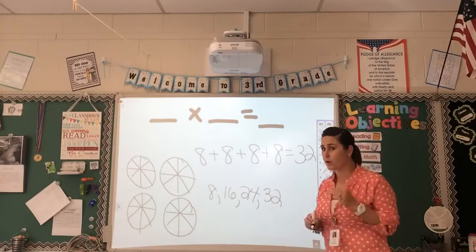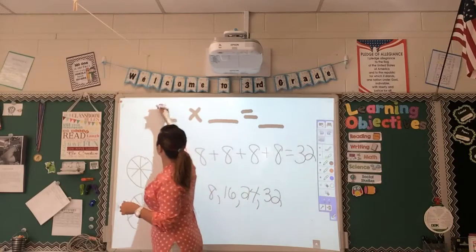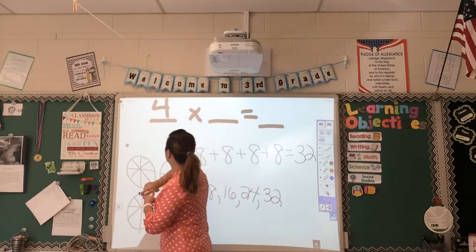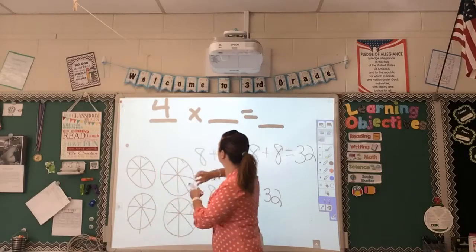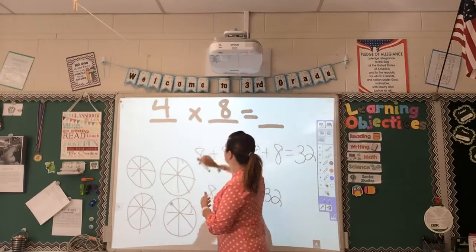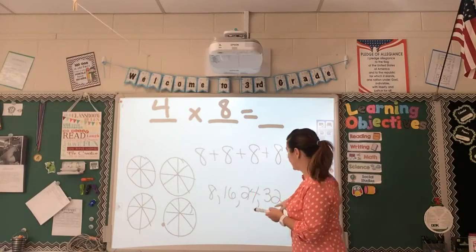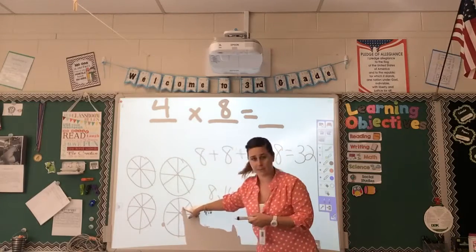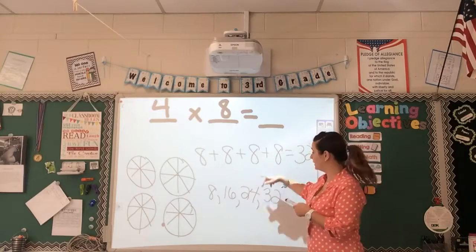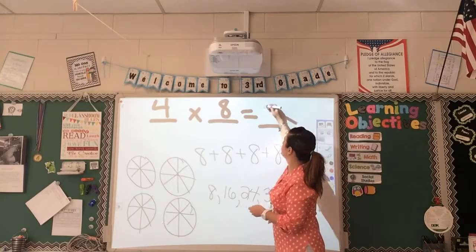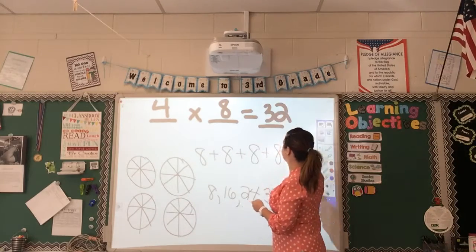So if I have 4 groups of 8, my 4 is always going to go first. So my multiplication equation would be 4 times 8 equals, and I know from either counting up my slices, skip counting, or repeated addition, that 4 times 8 equals 32.